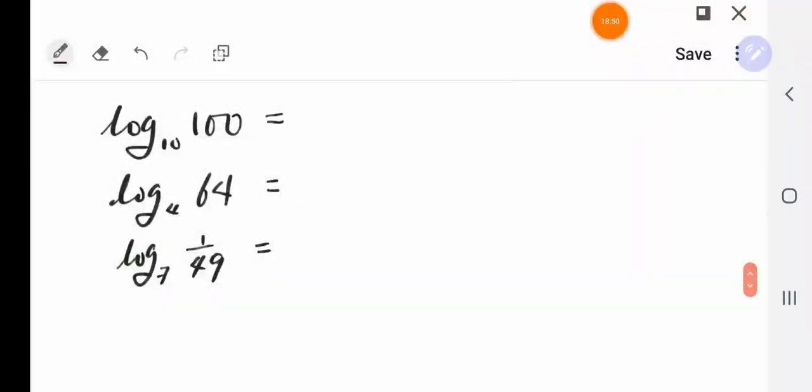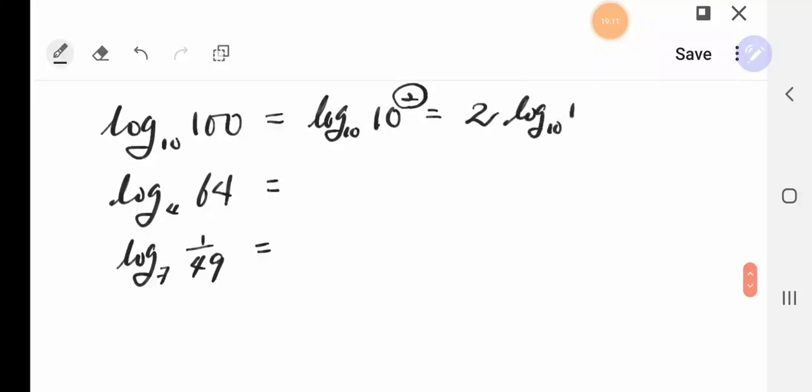Okay, let's try a little bit more examples. When we evaluate logarithm base 10 of 100, we can write 100 as 10 squared. Using the property, this exponent moves to the front, and logarithm base 10 of 10 is equal to 1, so this is equal to 2.